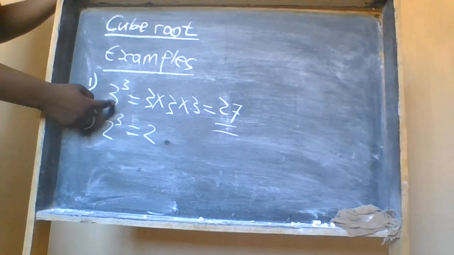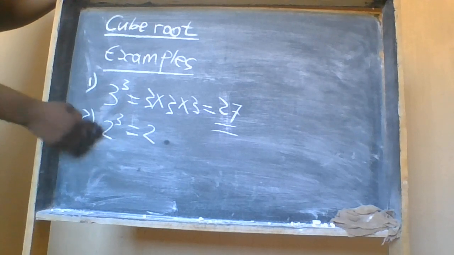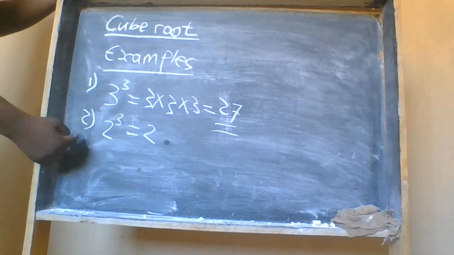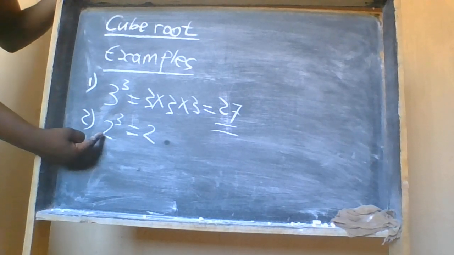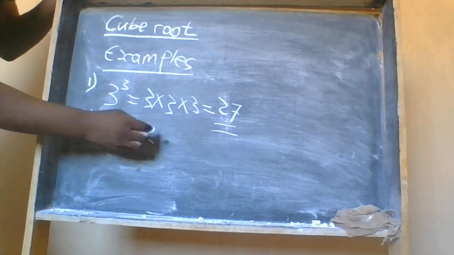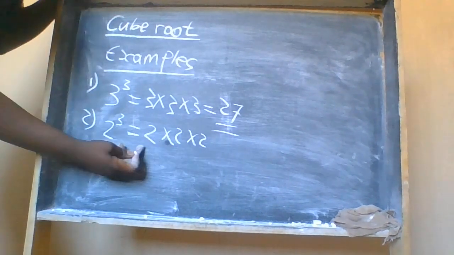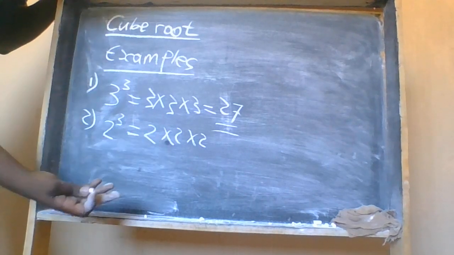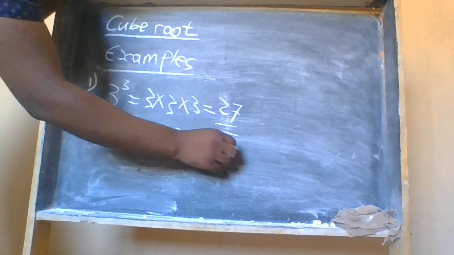When I say 2 cubed, it's this big number here, which is the base that you are multiplying 3 times, and not the power multiplying 2 times. So 2 to the power 3, or rather 2 cubed, is the same as 2 times 2 times 2. 2 times 2 is 4. 4 times 2 is 8. Hence we have 8.